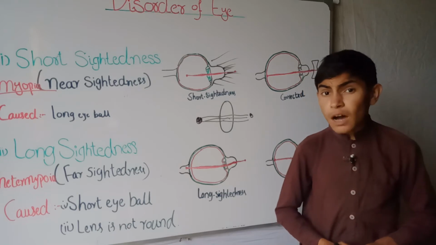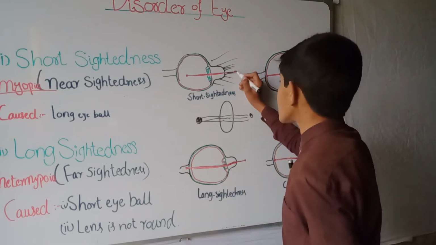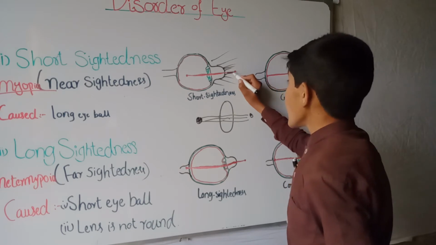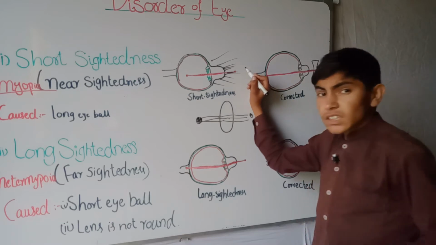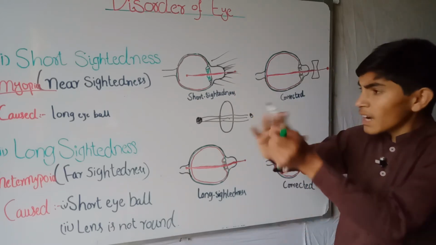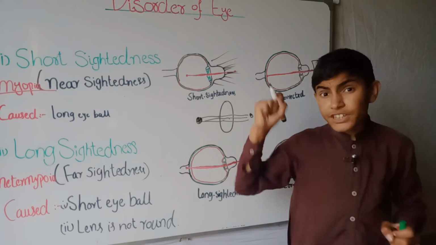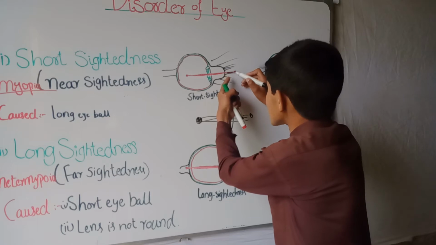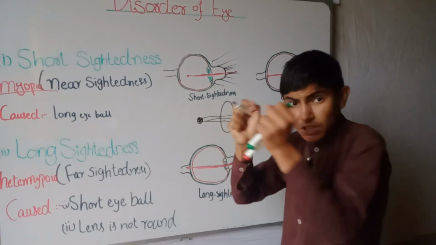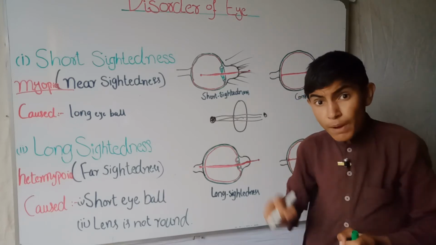When the light ray is coming from this point, the long eyeball makes the light ray converge a little, because it is like an opaque object.